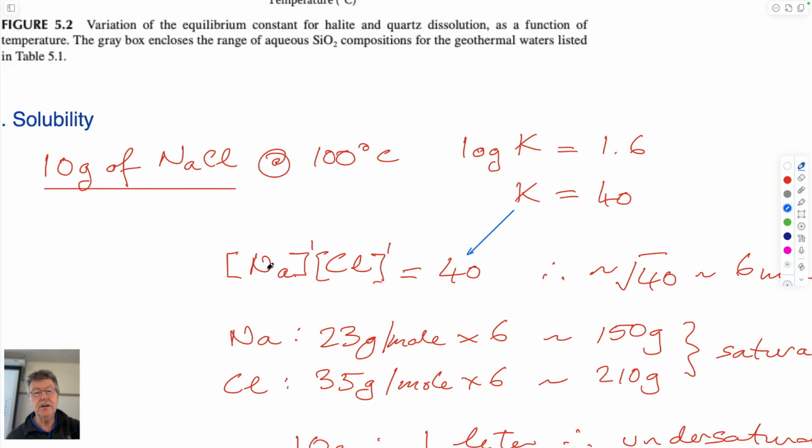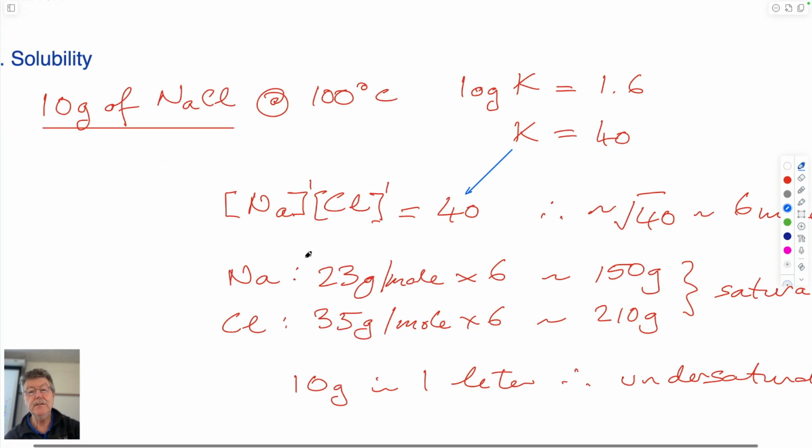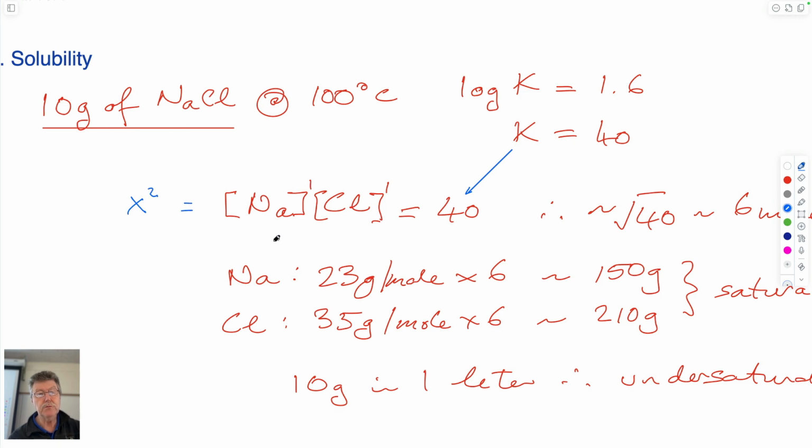And so this is the concentration of each of these together. So it's squared. So the concentration in terms of moles squared would be 1 mole of this and 1 mole of this. And so if this is equal to 40, then the number of moles which are present would be equal to the square root of this. The whole thing, right? Just doing that.